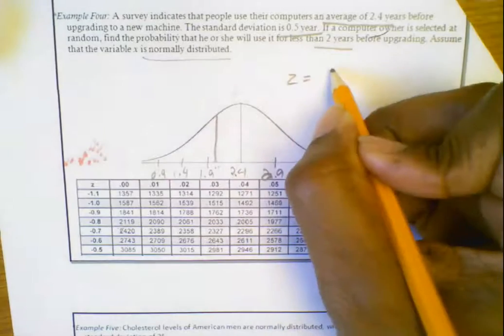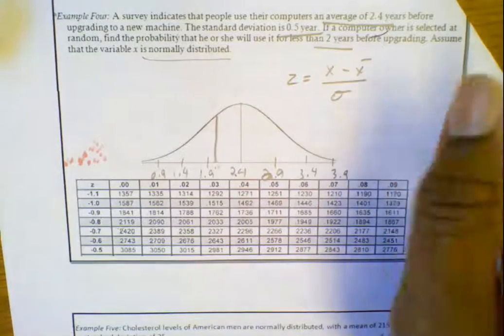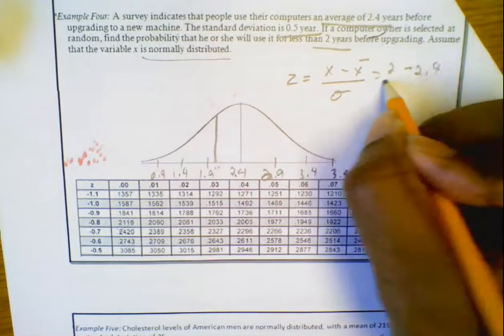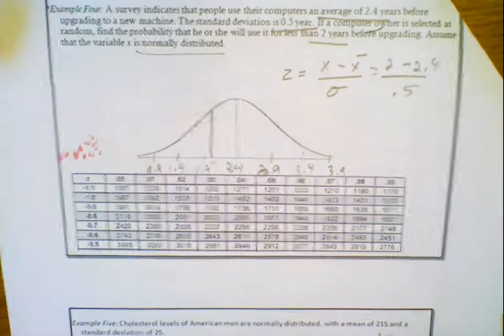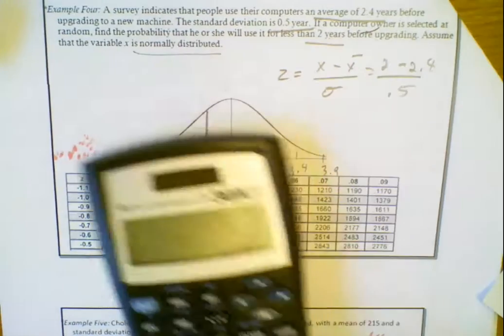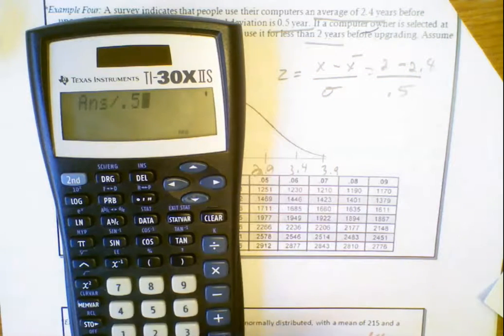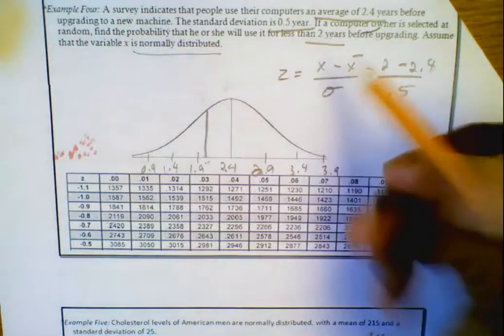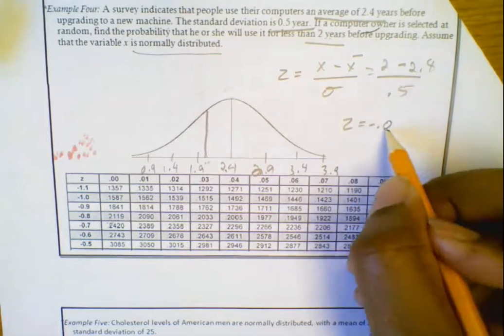So the z-score is going to be the number they gave you, take away the mean, over the standard deviation. So it's going to be 2, take away 2.4, over the standard deviation of 0.5. So that's 2 take away 2.4 divided by 0.5, which is negative 0.8. So this z-score is negative 0.8.